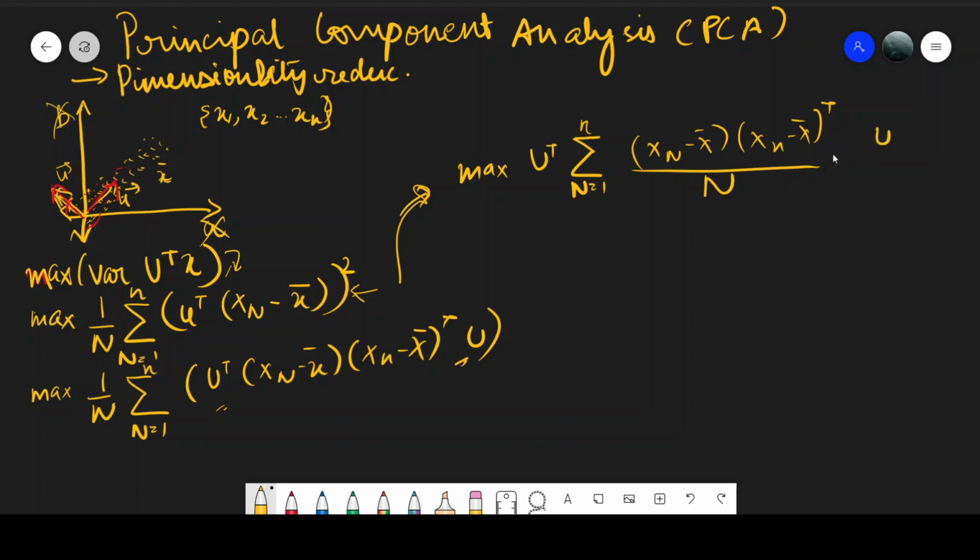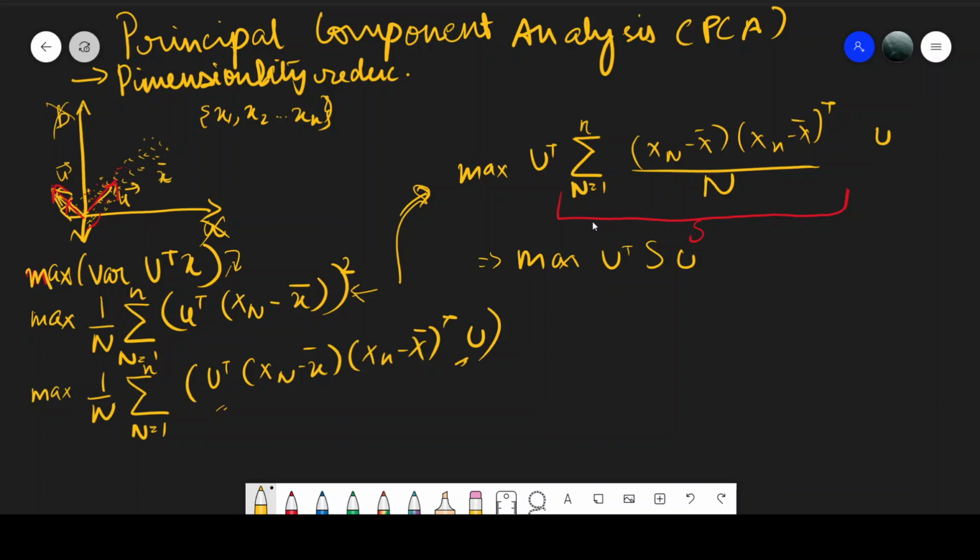All right. So if you observe carefully, this equation right here is basically the formula for our covariance matrix. I'm going to call that S, okay? So my optimization problem basically changes from maximize variance of U transpose X to maximize U transpose S U, where S is the covariance matrix, this one right here.